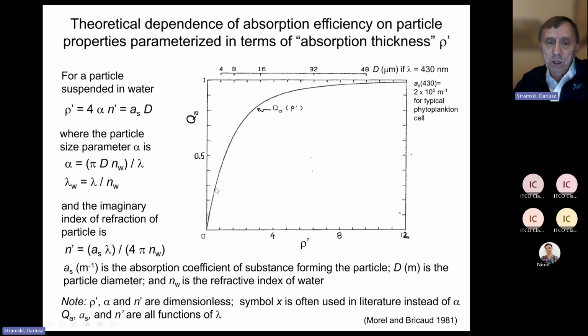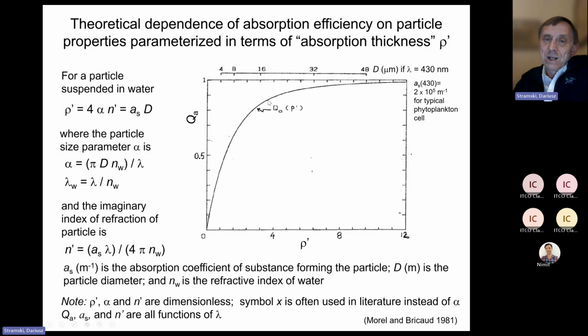So basically, particles that are small in size or have weak absorption will be in this portion of the curve, and as we move on, we are approaching higher efficiencies. For example, very small phytoplankton cells will be somewhere here, and larger phytoplankton cells may be somewhere there, especially if we are within the absorption bands. If we are outside absorption bands, the efficiency will always be low.